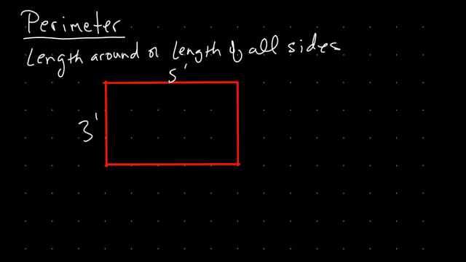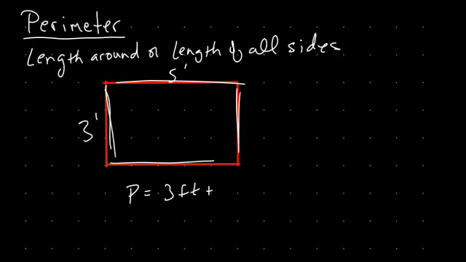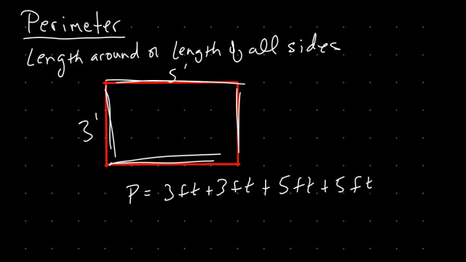To find the perimeter, let's call it P, we simply add the length of each side, the length around the whole thing. That's the perimeter. So it's going to be 3 feet plus 3 feet plus 5 feet plus 5 feet.